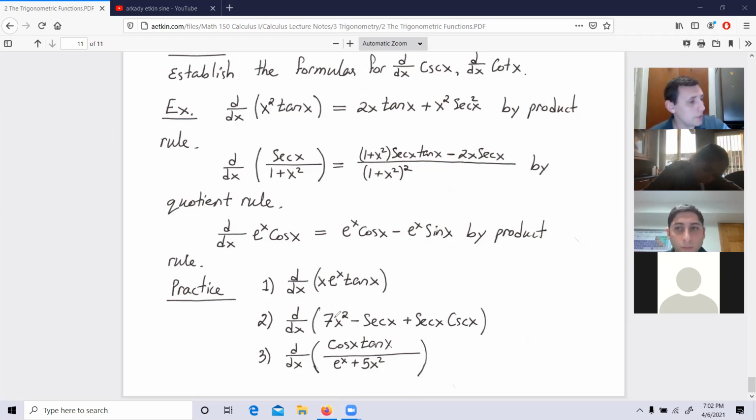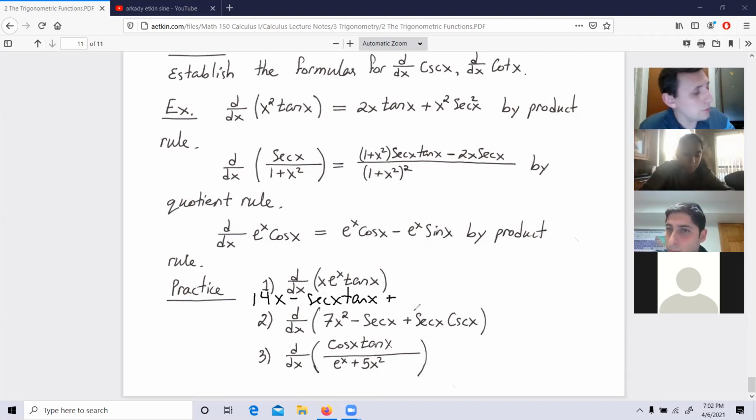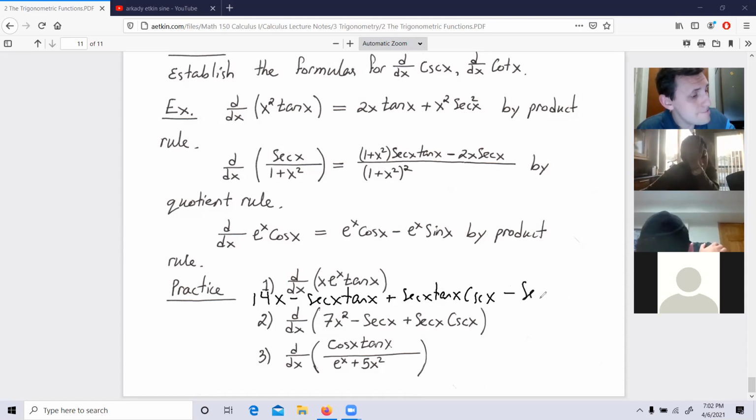So you see, what's the derivative of 7x squared minus secant plus secant cosecant, right? So the derivative of 7x squared is 14x minus secant x tangent x plus, here we can apply product rule, so derivative of secant is secant x tangent x cosecant x, and then the derivative of cosecant is minus cosecant, so we can write this as minus secant x cosecant x cotangent x.